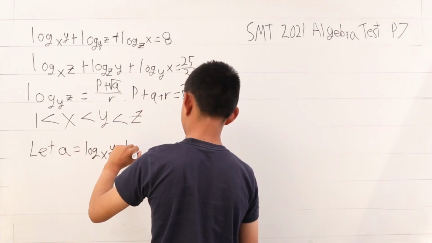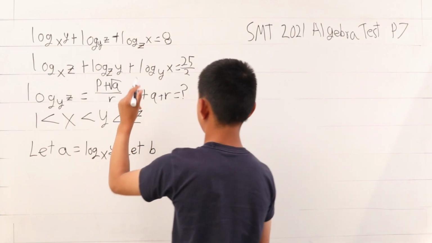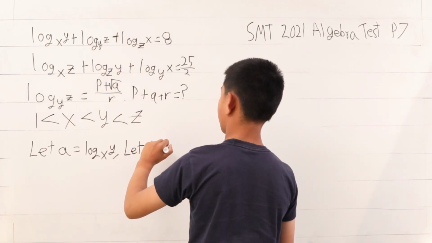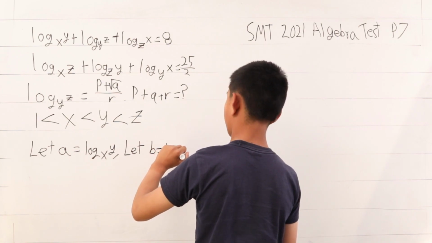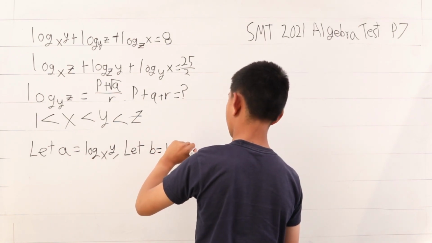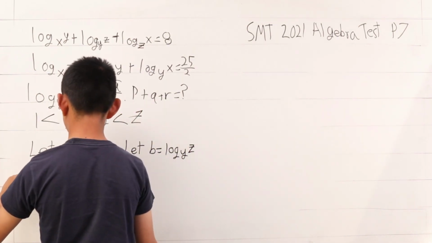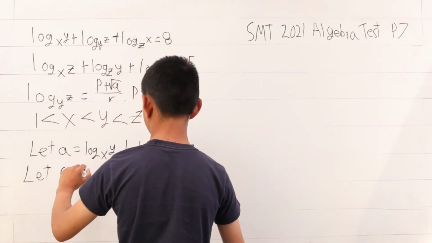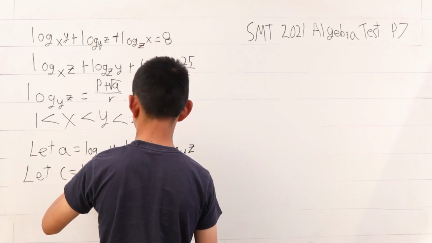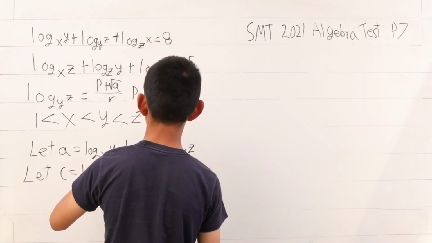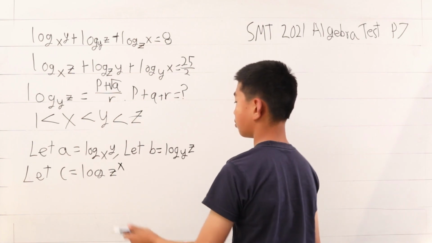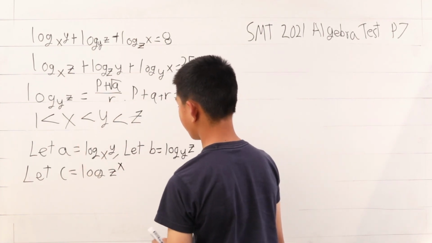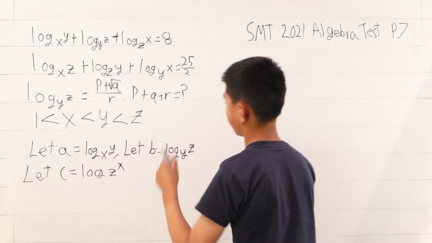We let b be equal to the second term, log base y of z. And we let c be equal to log base z of x. Now that we have these substitutions, we can introduce them to these formulas.